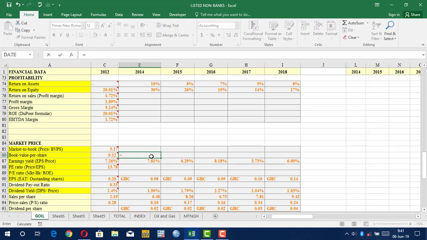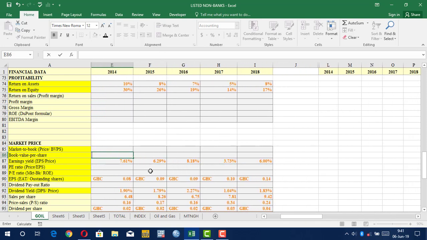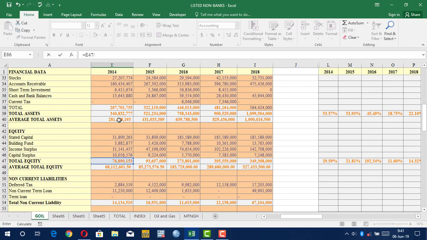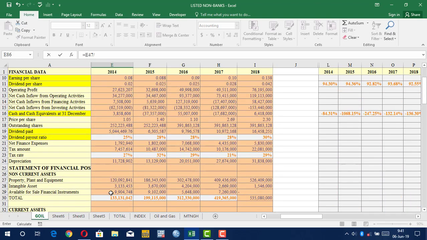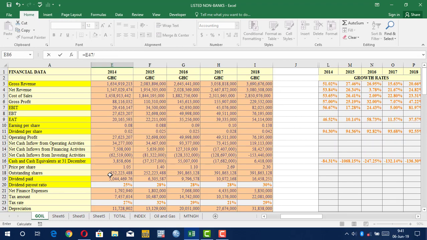So the total equity of the company divided by the total number of outstanding shares. We know that the total equity is also known as the shareholders' worth.